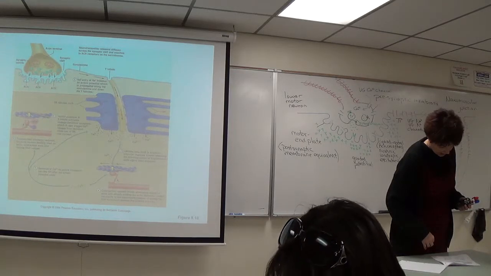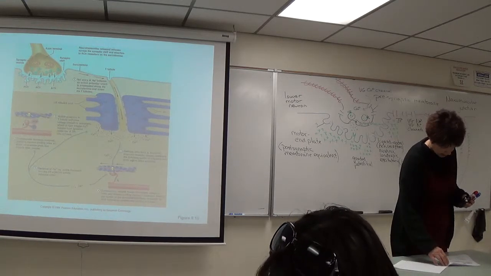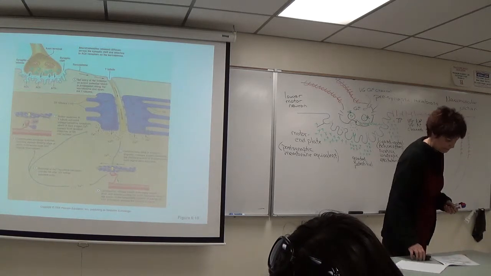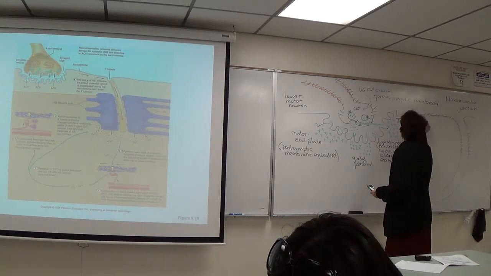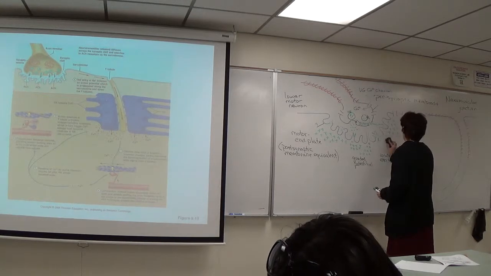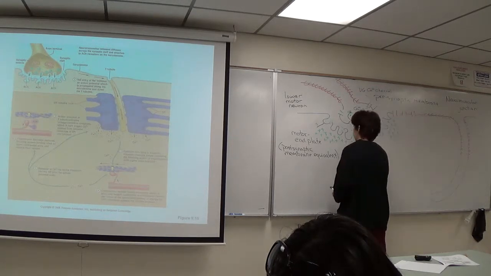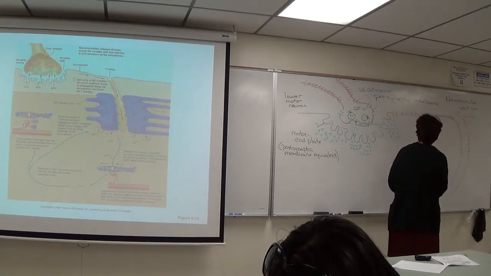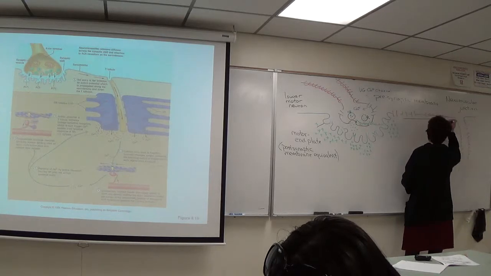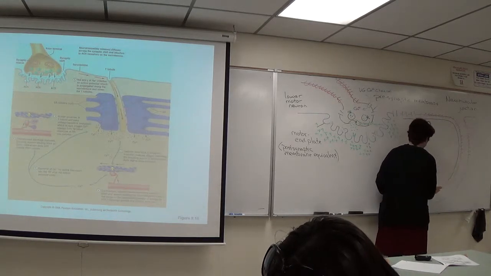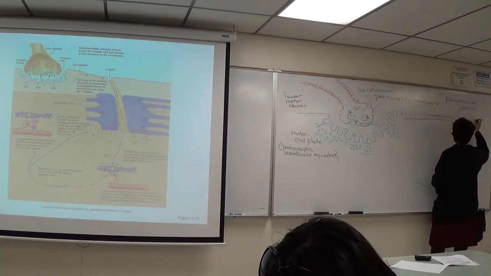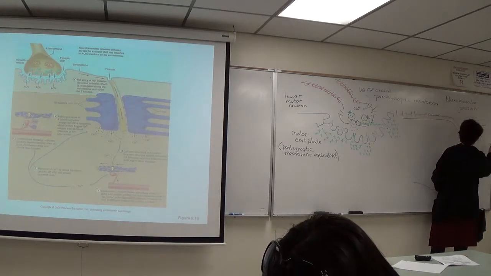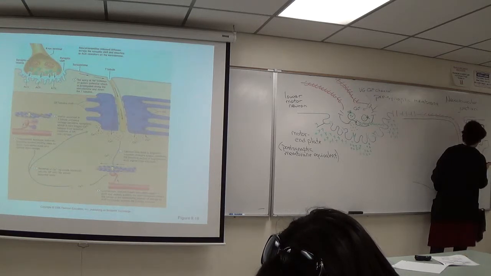It is illustrated, a slightly different picture, but illustrated on the left-hand side, the lower portion of page 20. So we have the transverse tubule associated with the modified smooth endoplasmic reticulum storing calcium ions.